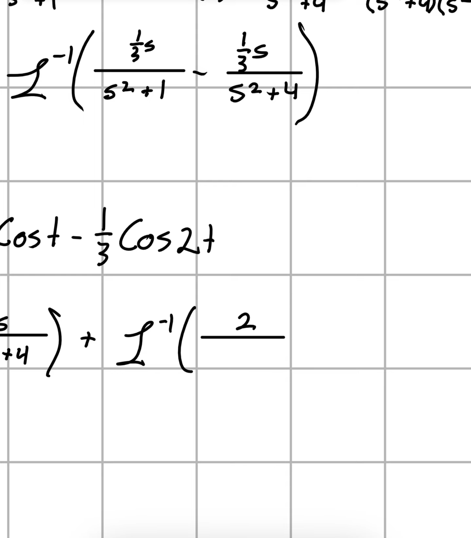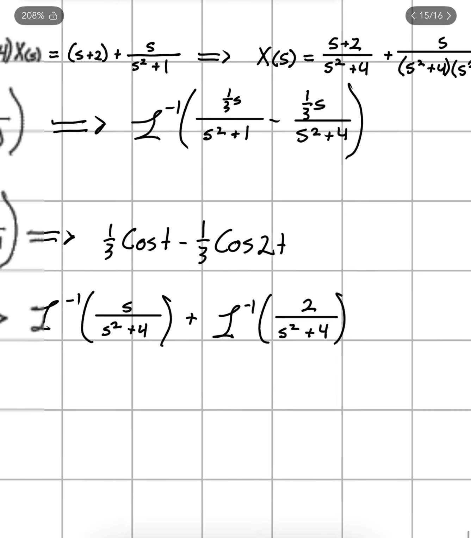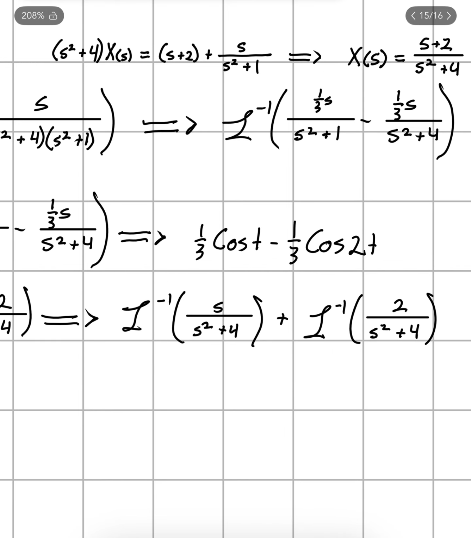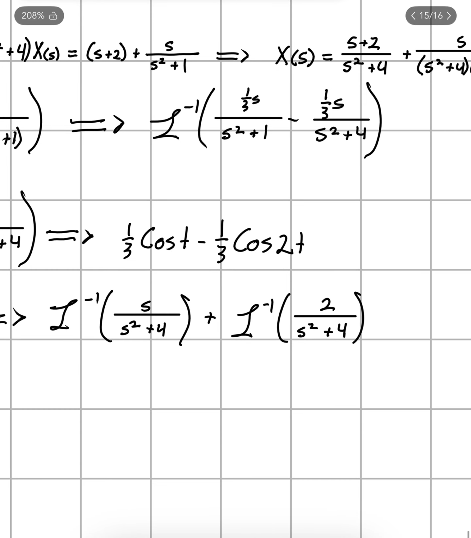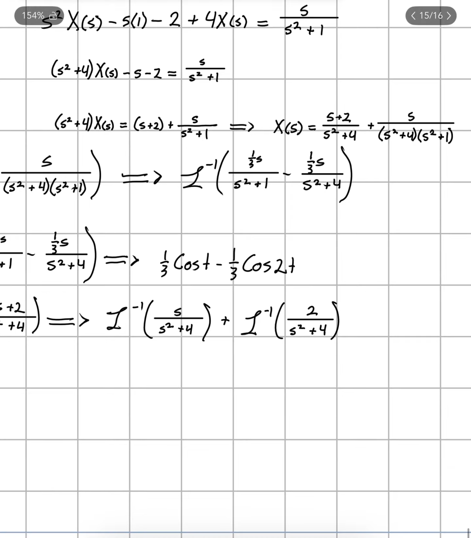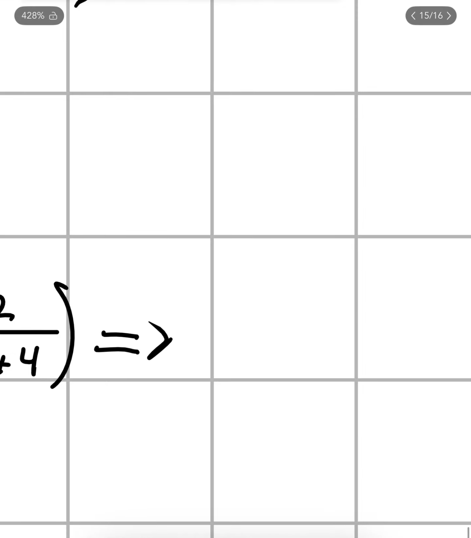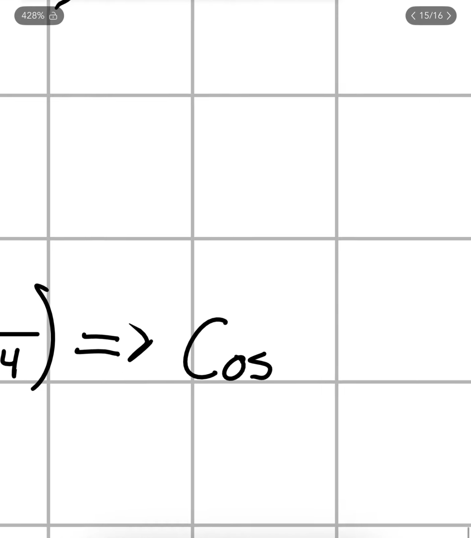Now, for the first one right here, we can see that it follows the cosine property, which is s divided by s squared plus w squared. We already did that one before, so we can simplify that to cosine of 2t.